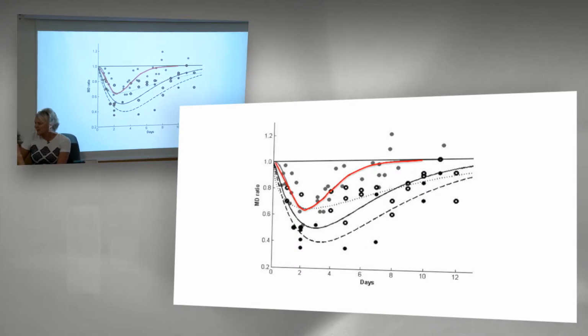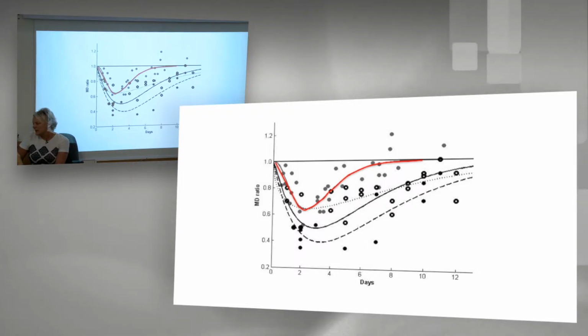And you can see that it really falls pretty dramatically with a nadir around 2 to 4 days, which is when the lowest and most prominent diffusion changes will be seen. But then by day 7, you've pseudo-normalized. So whatever process was driving this, which we think is cell death, it has started to dissipate by day 7. And so then diffusion is not so useful for you out there. You've got to use the conventional.